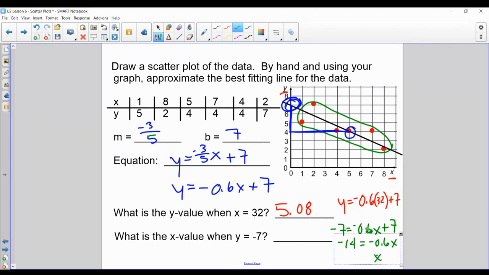Then I'm going to divide -14 by -0.6. And I'm going to get that this is 23.3.